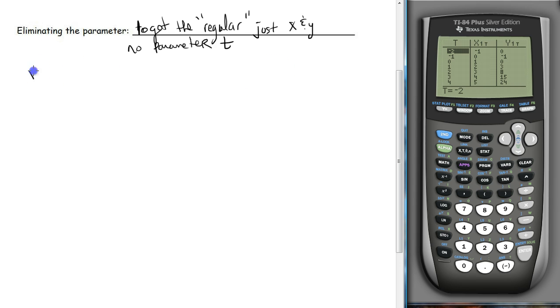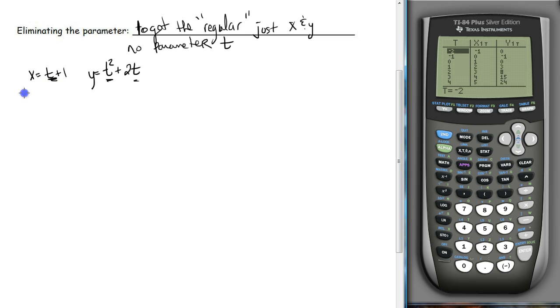So let's write down those equations we just had. x is t plus 1, and y was t squared plus 2t. All right, so the goal is this. Now, this is y. I want y equals. That's how we usually like it. So I want to get t by itself over here, and then plug it in for these t's.